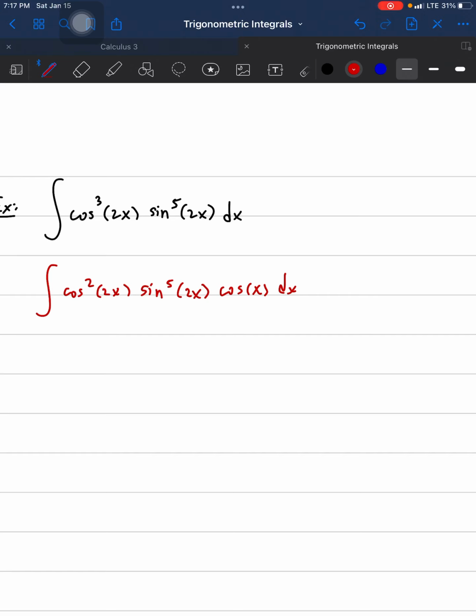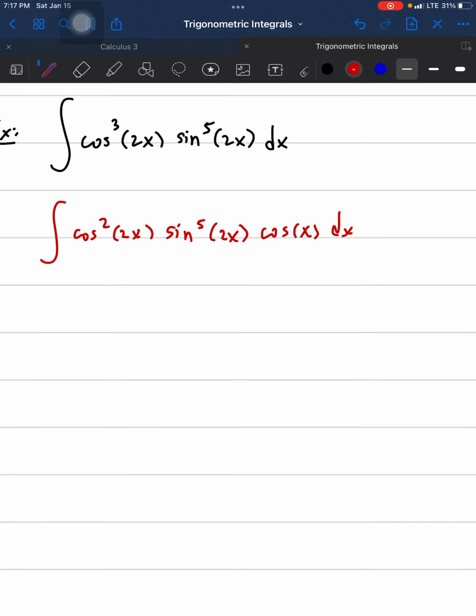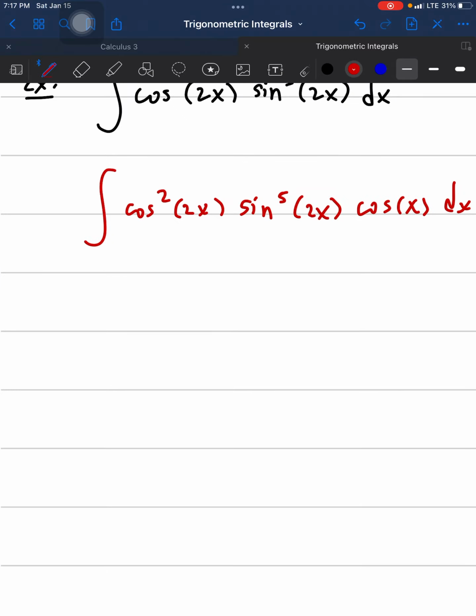We're gonna try to make everything into sine. So the first step would be using the Pythagorean identity for this part.